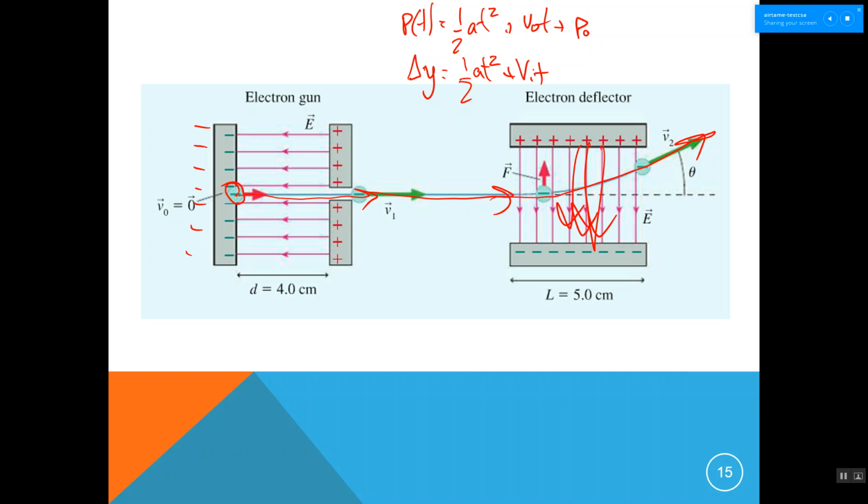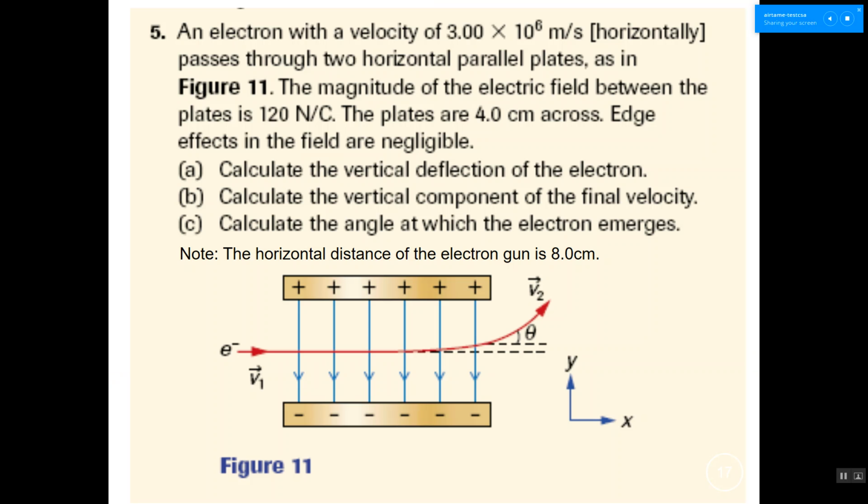They're just written in different ways. And if you have the A, you can apply all these formulas, right? You can even apply the VF squared equal to VO squared like we just did. You guys understand what I'm saying? Let's do this one problem and then we'll go. Okay?